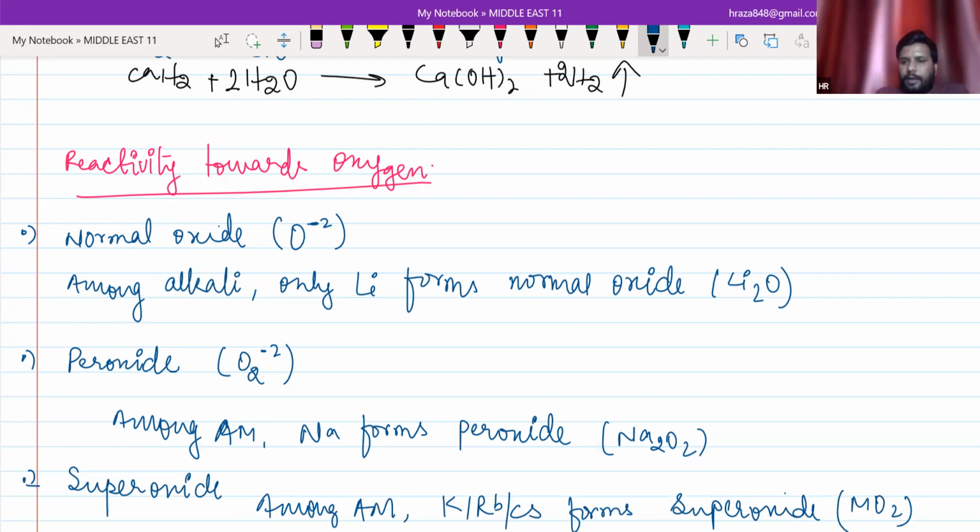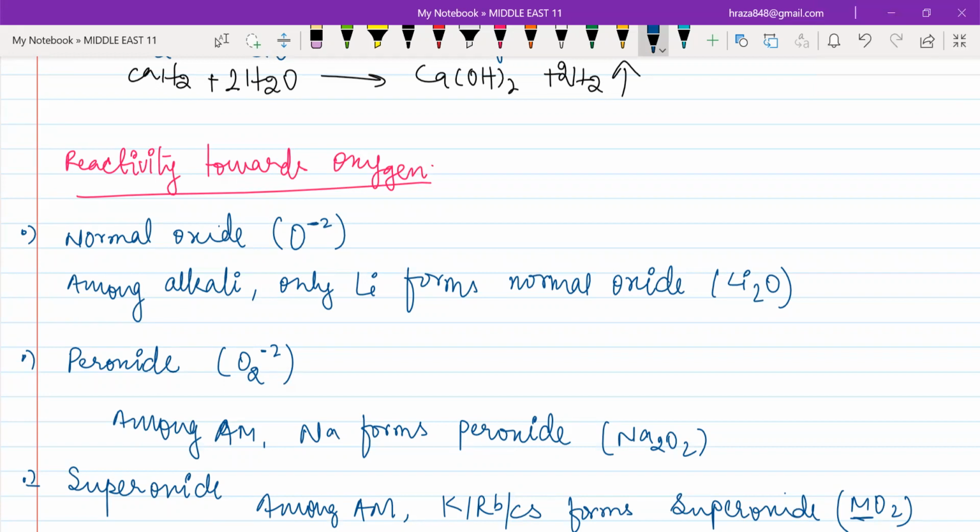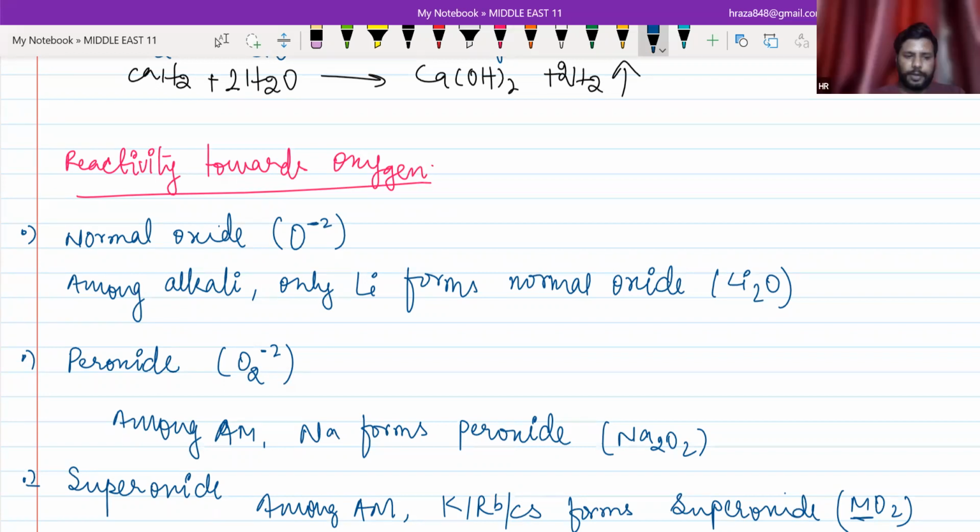Two oxygens will require only one electron from one alkali metal atom because it can give only one electron. Is this clear? Yes, sir. No. Please write it.